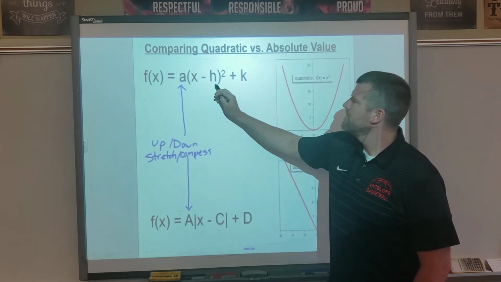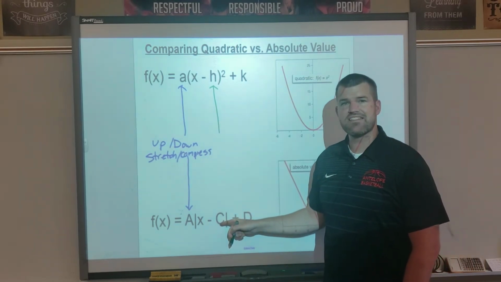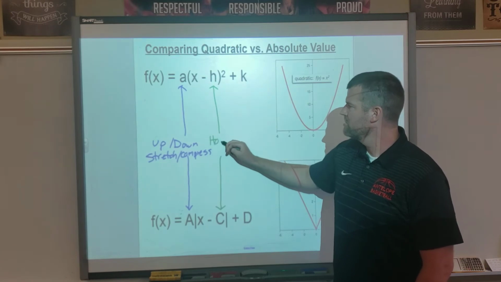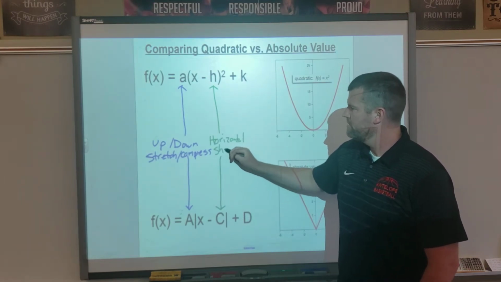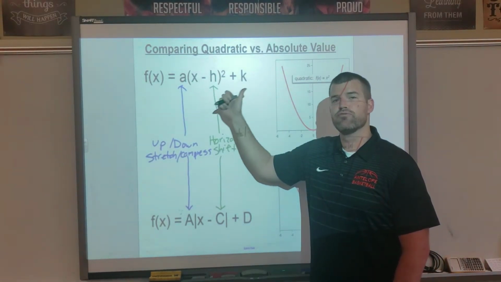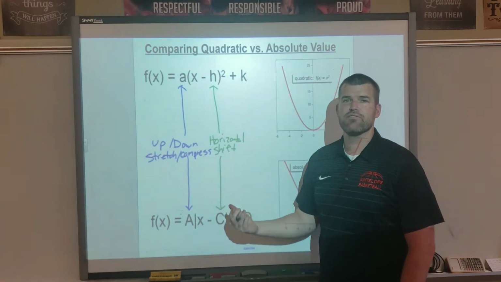The H in quadratic is the same thing as this C in the absolute value, and that's going to be your horizontal shift. Right? So I know if this said x minus 4, my graph would move 4 to the right. Same thing, if this said x minus 4, my graph would move 4 to the right.